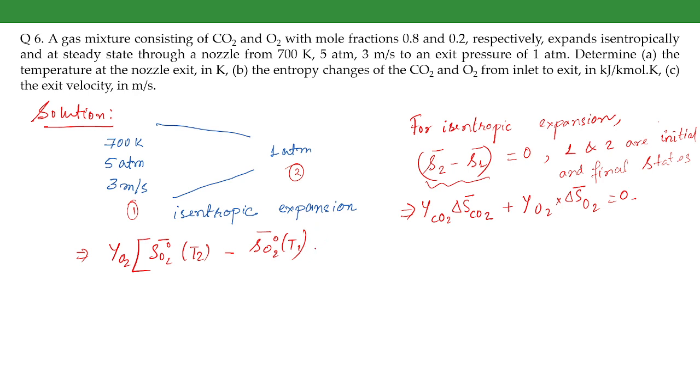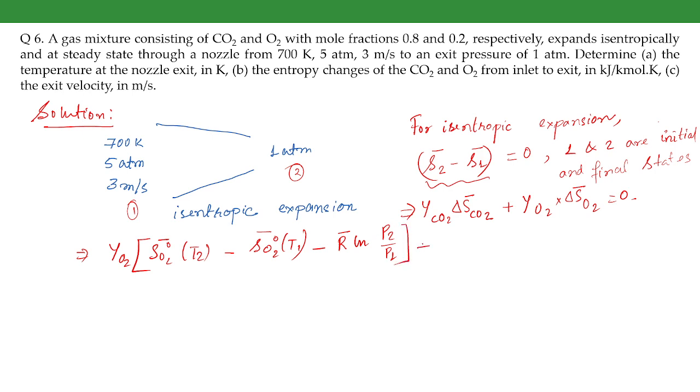This was due to the variation in temperature. What is the change in the entropy due to the variation in pressure? For the change in the pressure, we have to write it as R ln of P2 by P1, where P2 is the final pressure and P1 is the initial pressure.